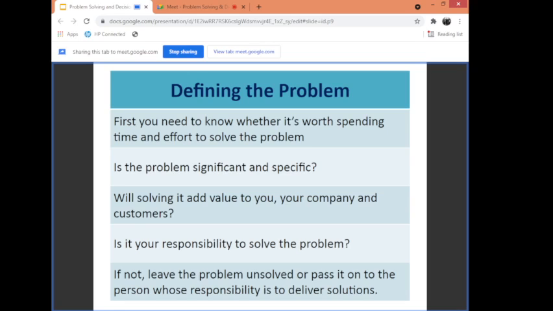Okay. Is it going to solve the bottom line of the company? The making money problem? The company is having a problem and they are not making money. Of course, that's a big problem, not making money.